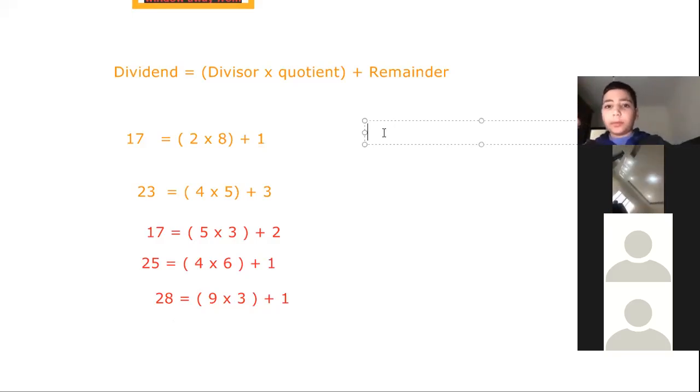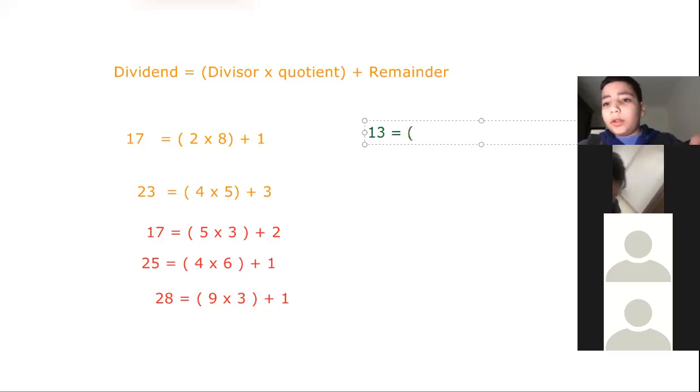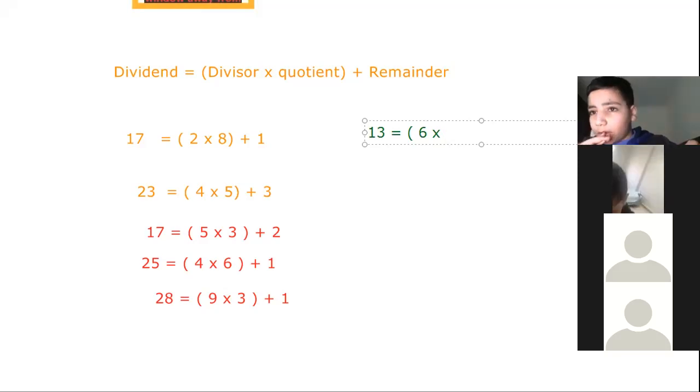Yes, miss. We have 13. Oh sorry, it's 13. Okay? 13 equals, I'll give you the divisor, which is 6. What's the number you multiplied by 6 to get 13? 2.